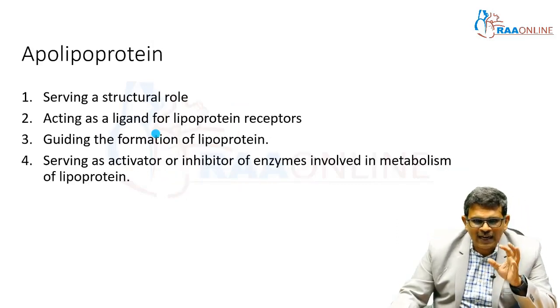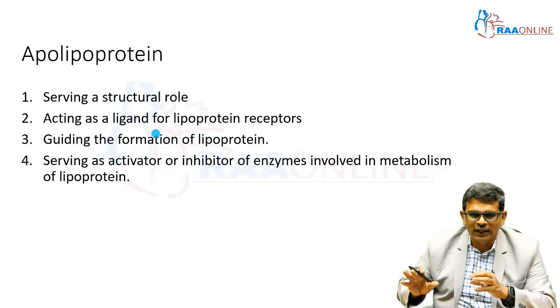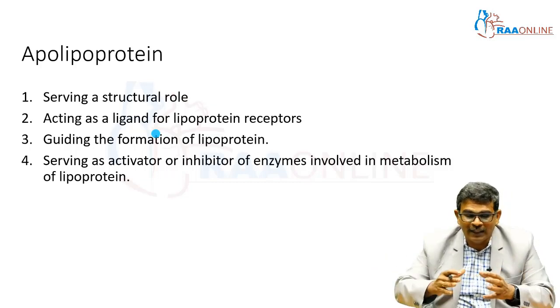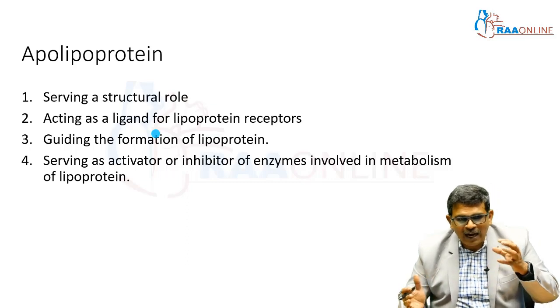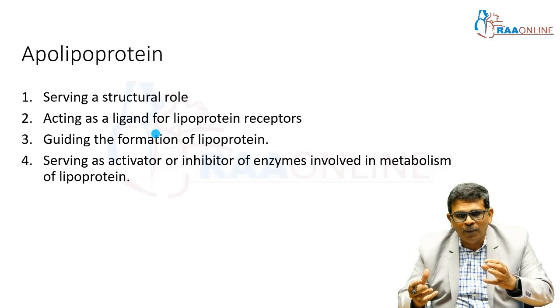They act as a ligand for the lipoprotein receptors. Where should this lipoprotein go and work? Whether it should go to the LDL receptor or to the intestine, this is determined by the apolipoprotein serving as a ligand for the lipoprotein receptors.